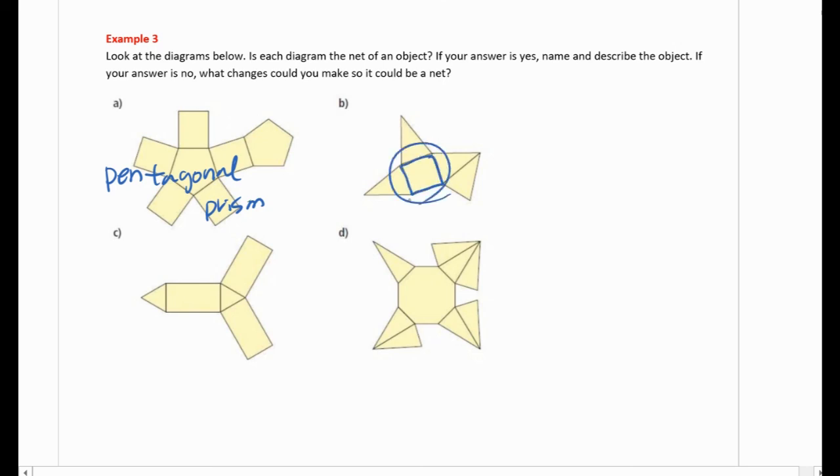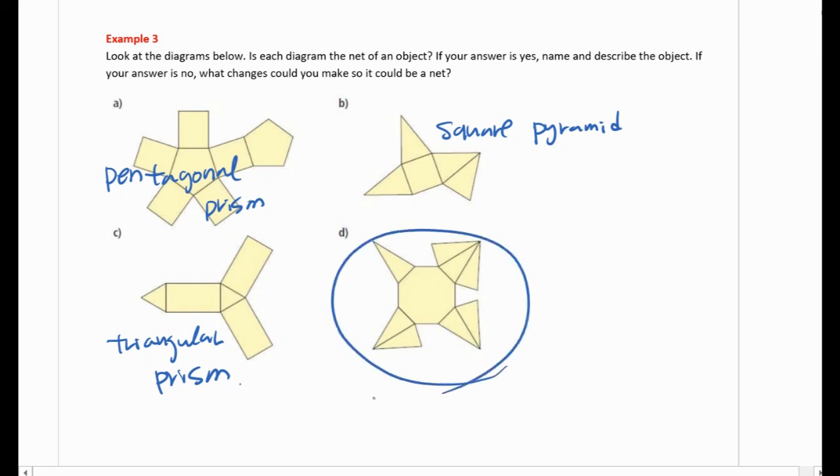So what is the shape? This is a square. We call it square pyramid. What about this one, everyone? It has identical bottom and the top. And the letter faces are rectangle. So we call it triangular prism.